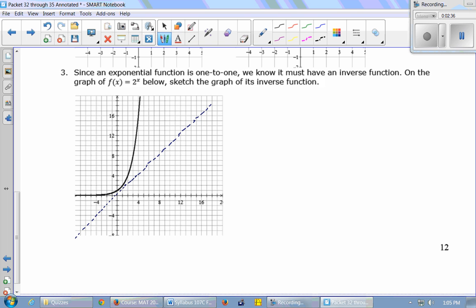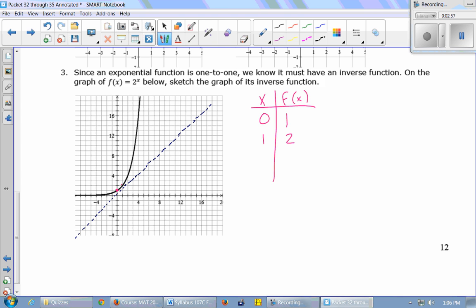So let's see, some nice points on this graph would be 0, 1. I'll write them on the side here because it's going to get crowded. So x, f of x, right? I've got 0, 1. And then I have 1, 2.